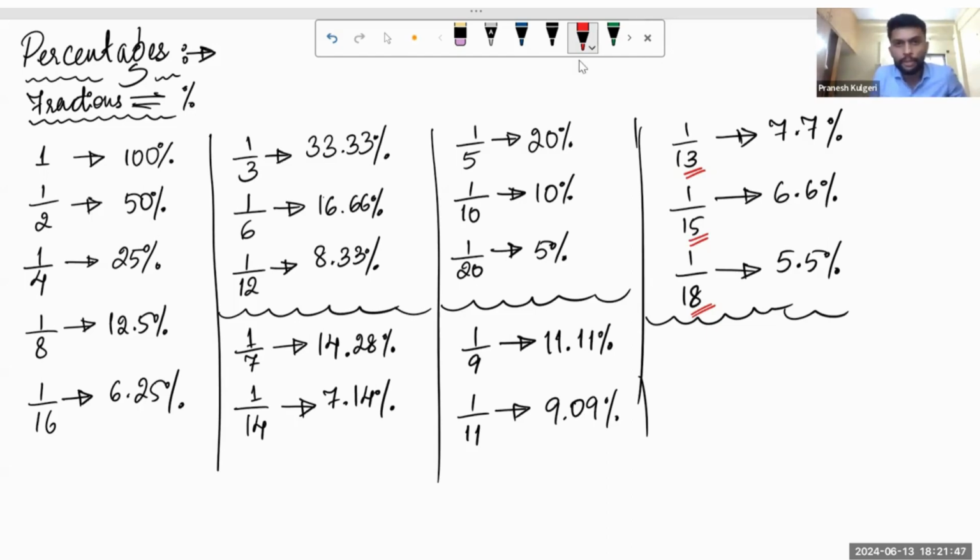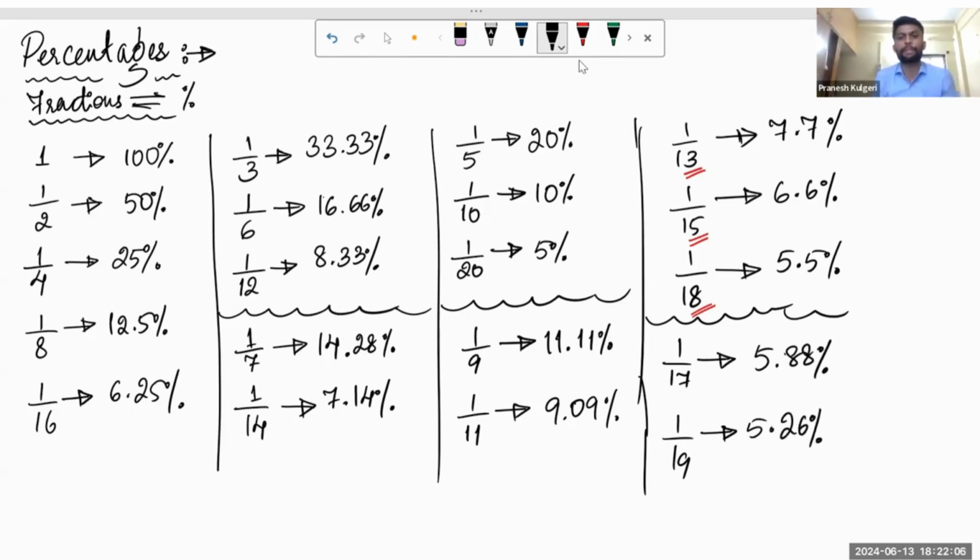Okay, two numbers are left out, 1 by 17 and 1 by 19. These are exceptional numbers. They don't share any similarity with anything. So it's okay even if you don't remember, but I'm writing it for your reference. 5.88 and 5.26. So this is your table of fraction to percentage and percentage to fraction, all the numbers from 1 by 1, 1 by 2 till 1 by 20.